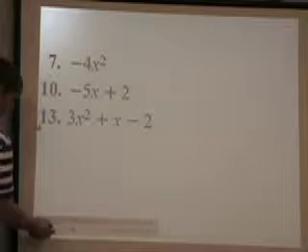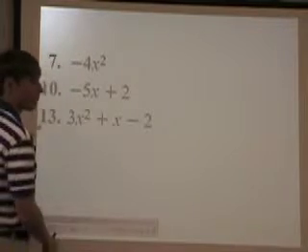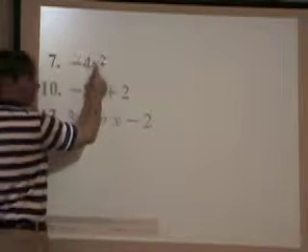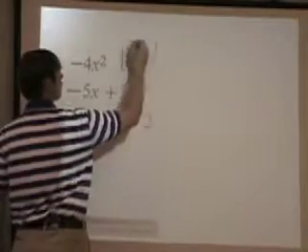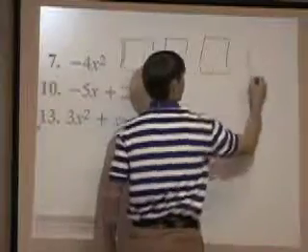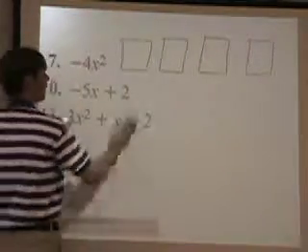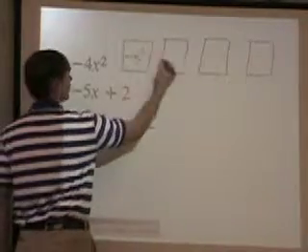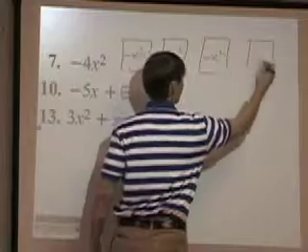Now, here they want you to draw algebra tiles out of the monomial or polynomial. How would you draw this? 4 squares. You want 4, 1, 2, 3, 4, and in each one of them, are they positive or negative? Negative. So negative x squared, negative x squared, negative x squared, negative x squared.